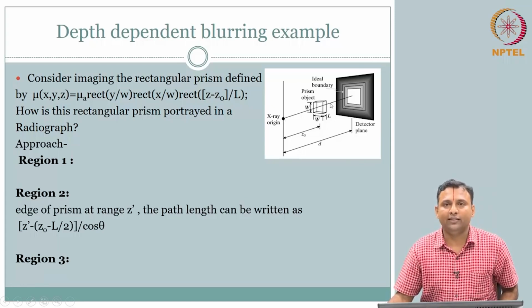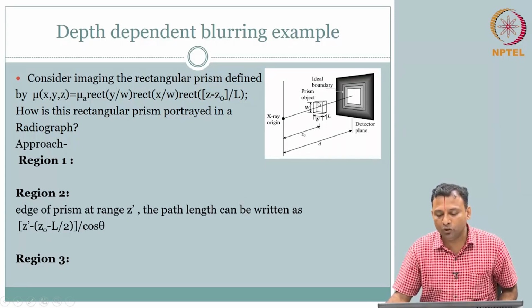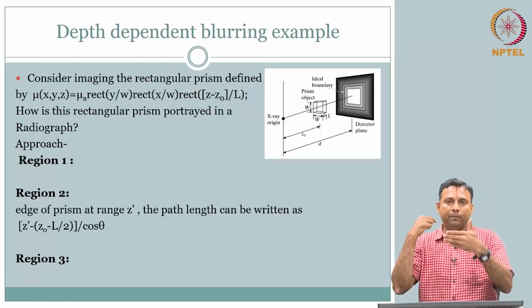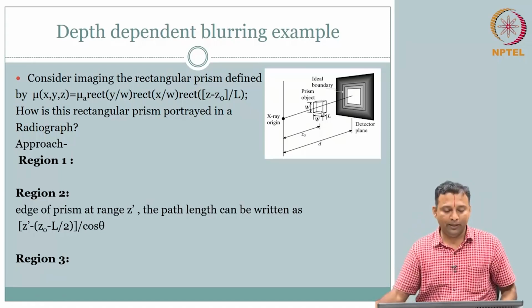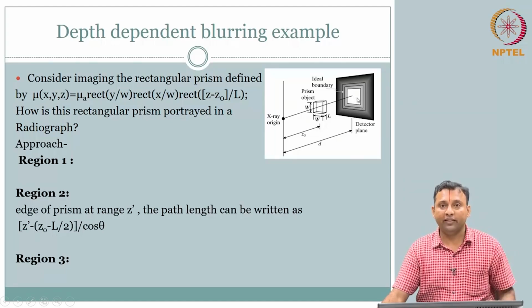We already wrote it: it is that exponential with different path length, e to the power minus mu L by cos theta. I already know how to write my imaging equation for it.